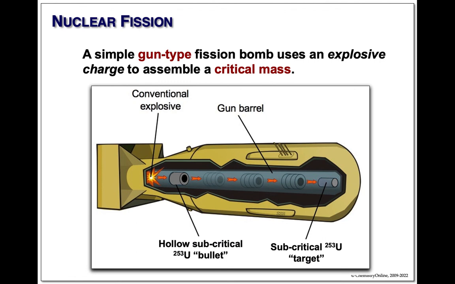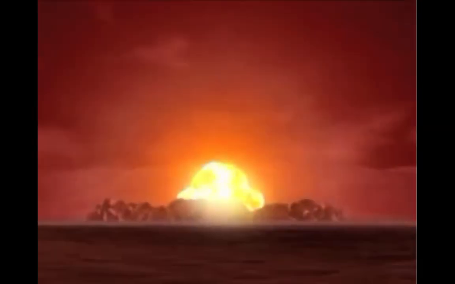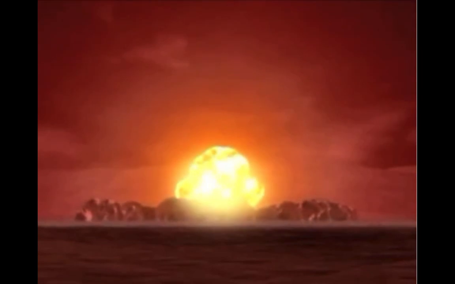You set off the explosion here. This slides down. We make a critical mass. About a microsecond later, 10 to the minus 6 seconds later, that happens. This was our very first one. This was about 10 kilotons, still in the dud range.